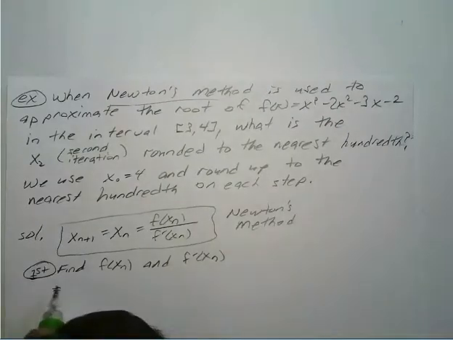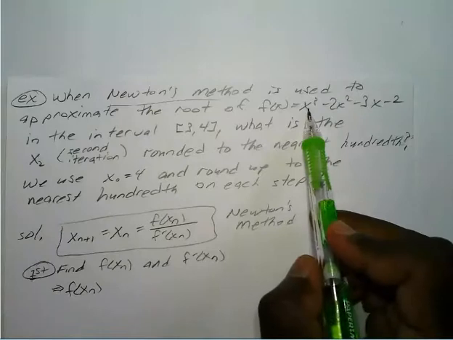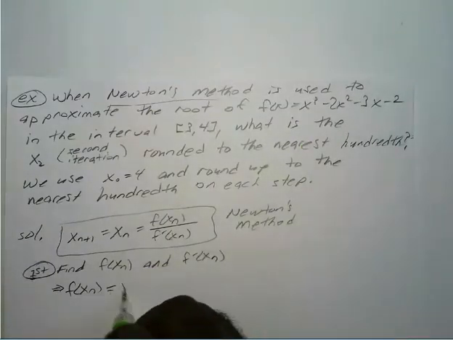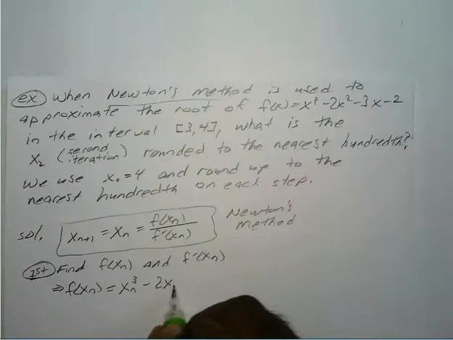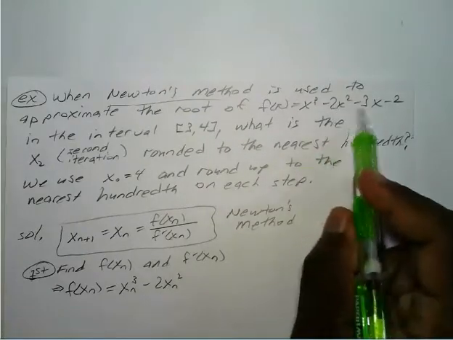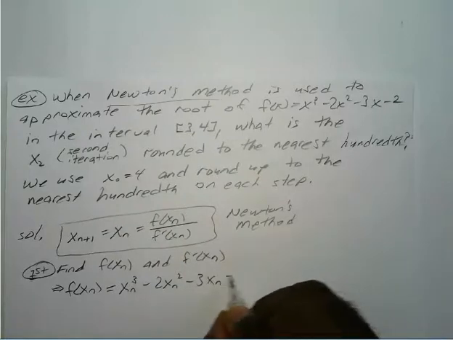Okay, so we know our f of x sub n is just going to be x sub n to the third power minus 2x sub n squared minus 3x sub n minus 2.